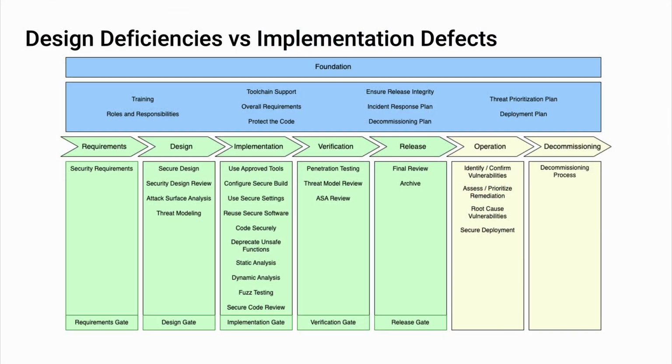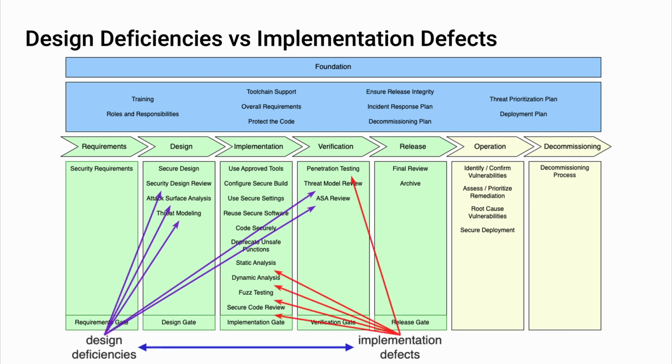Let's review how the AVCDL addresses our two major concerns within cybersecurity, those being design deficiencies and implementation defects. The combination of processes addressing both design deficiencies and implementation defects yield the highest level of certainty that we will attain sufficient cybersecurity rigor for the product.